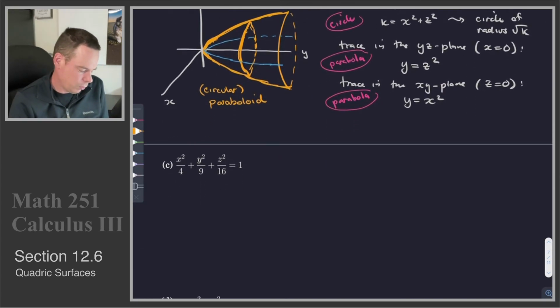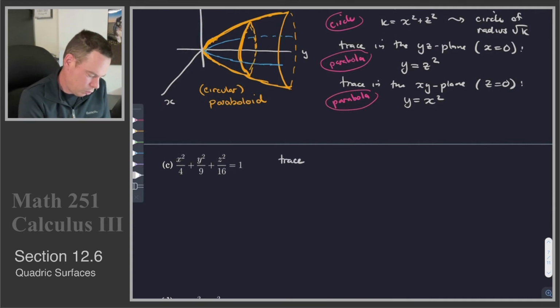x squared over 4 plus y squared over 9 plus z squared over 16. What is this going to look like? We can do the traces in the z equals k plane. That's going to be x squared over 4 plus y squared over 9 is equal to 1 minus k squared over 16.